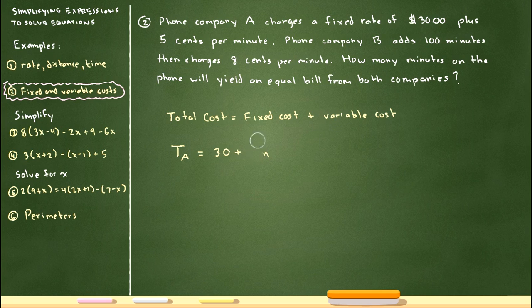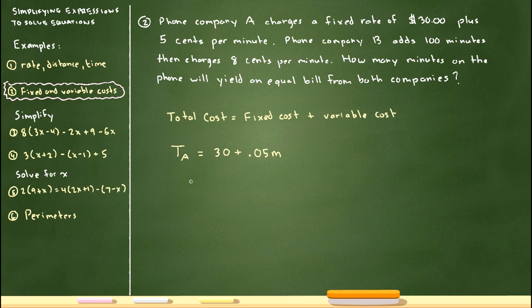So we want to convert that 5 cents into dollars, which would be 0.05. And then we multiply this by M, okay, because for every minute we're on the phone, we're being charged 5 cents. So that looks like a good equation for the total cost of phone company A. So depending upon the number of minutes you're on the phone, you're going to be charged a certain amount of money.